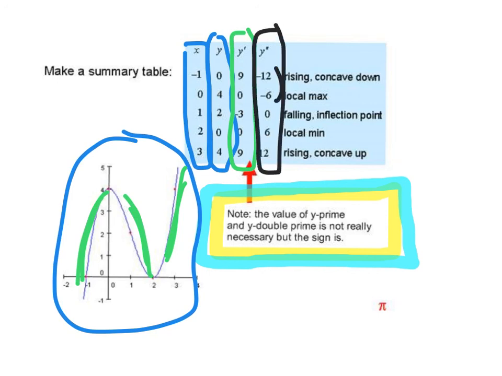So the negatives are here, so concave down. Whoops, sorry, I should have stopped right at that point of inflection. And then my positives down here are going to be concave up. So that basically is a summary of everything we've gone through.